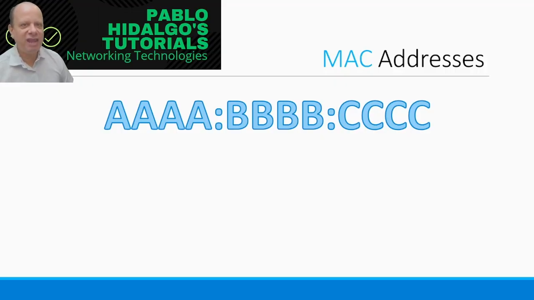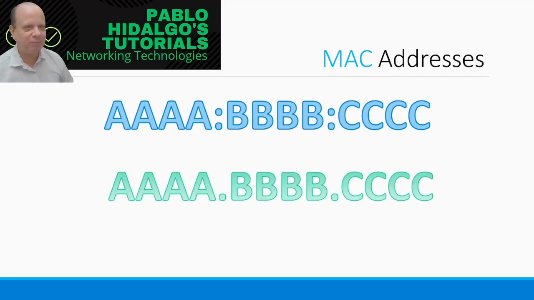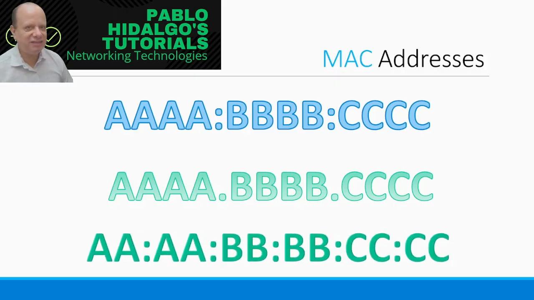Therefore, a 48-bit Ethernet MAC address can be expressed using 12 hexadecimal values. Each manufacturer has its own style for representing MAC addresses. Some use 4 digits separated by colons, like the one you are seeing on the screen right now. Others use 4 digits separated by dots, and others use 2 digits separated by colons.